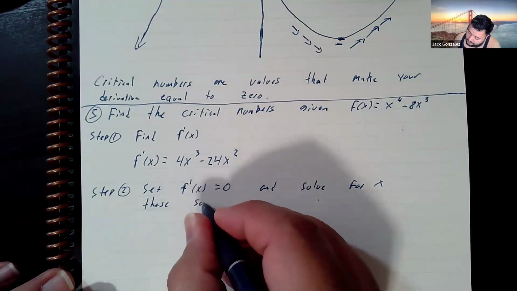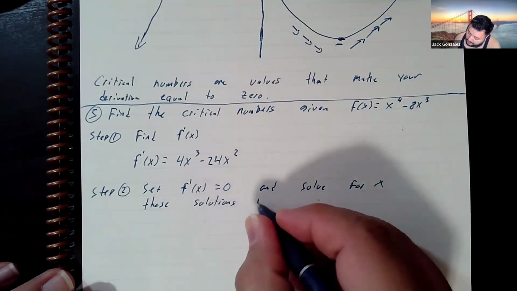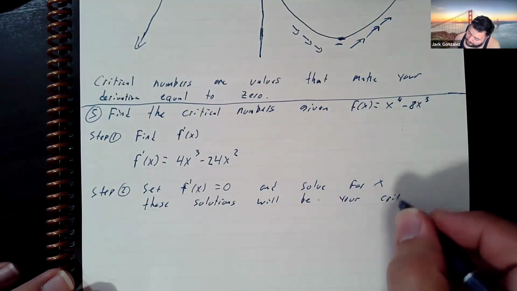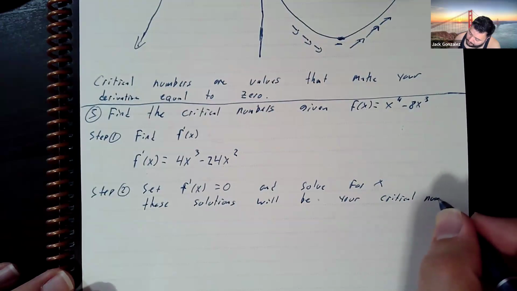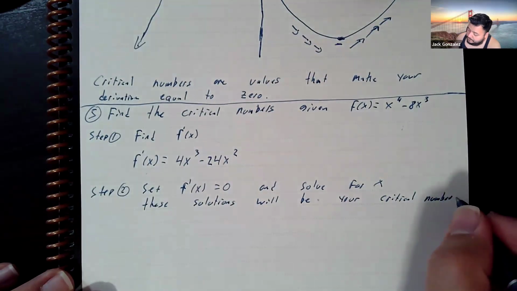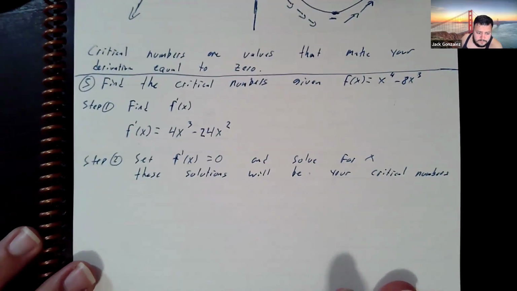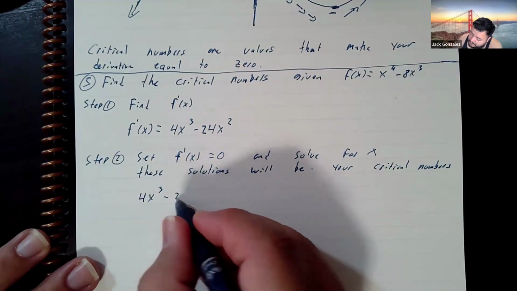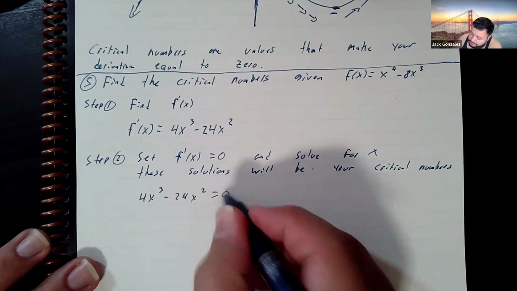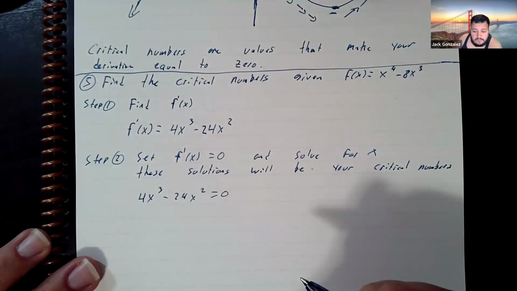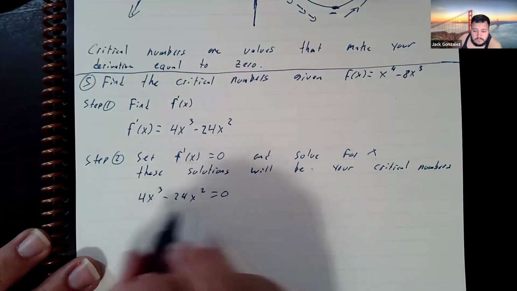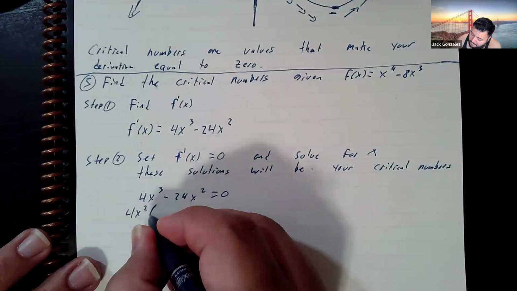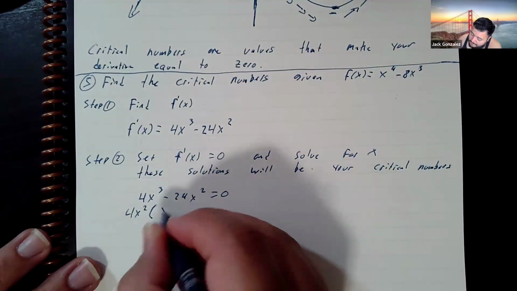These solutions will be your critical numbers. There might be multiple solutions. All right, so f prime of x, 4x cubed minus 24x squared equal to 0. We should factor that. They both have x squared and 4, right?